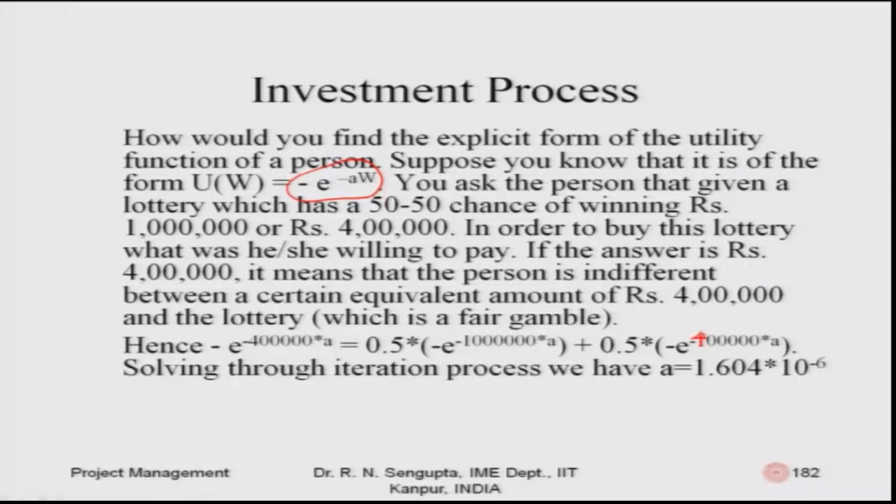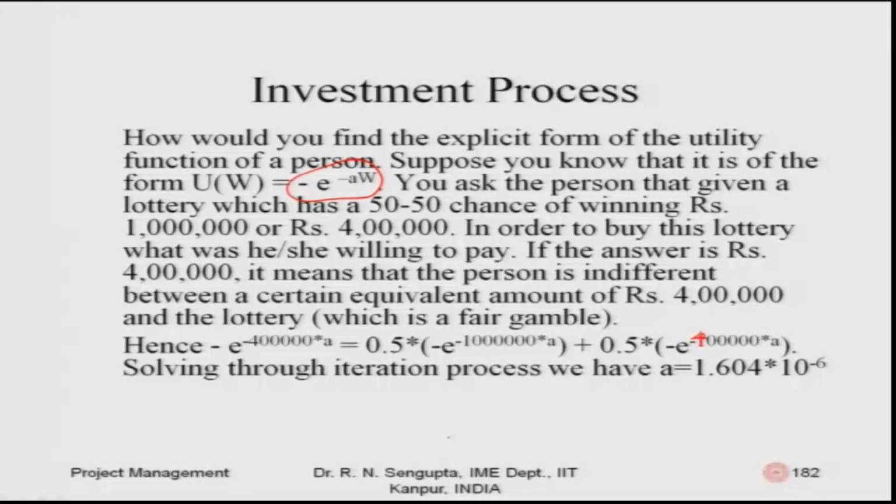So, this value is the utility corresponding to 10 lakhs, this value is the utility corresponding to 4 lakhs, these 0.5, 0.5 are the prior probabilities, and if the certainty value is 4 lakhs, you put it here. Here the probability 1 is not written because the certainty value has a probability of 1. Based on that you can find out the value of a. You iterate different values, find out the certainty values and equate them to the gamble.